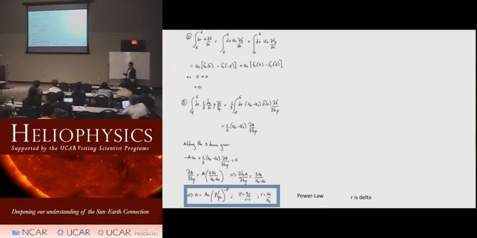I just took the Parker equation, and I found out that I can write A of p as A naught, p over p naught, to this gamma. Gamma is 3r over r minus 1, where r is u1 over u2. r is what I did before, the compression ratio.